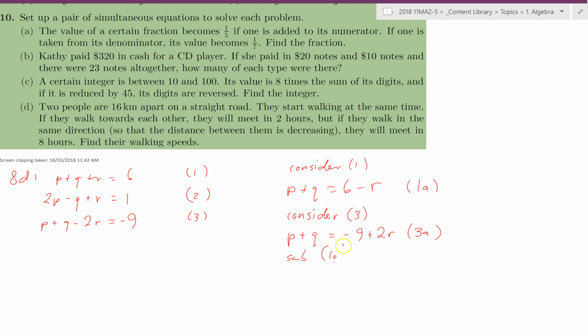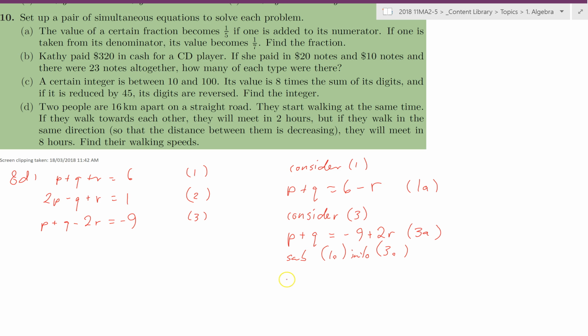So I'm going to say 1A into 3A. We could have done this by subtracting one of these straight away, but I kind of like this substitution thing, and I want to look at substituting not necessarily just a single variable. It might be a variable with a pronumeral. It might even be some sort of an expression.